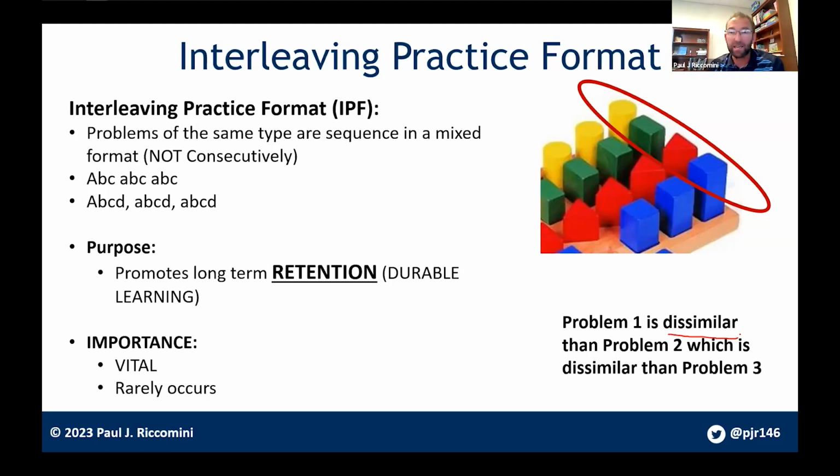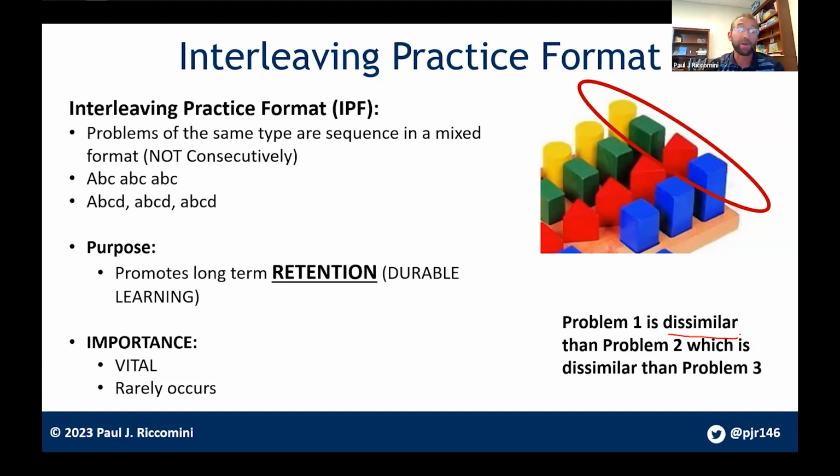I guarantee when you start making an interleaving, or those of you that may have already made one, you start asking yourself, is this problem dissimilar to this problem? And then you're going to ask a colleague and they're going to say, no, it's not dissimilar. You ask another colleague, they're going to say, yeah, it's dissimilar. So I guarantee that's going to be an issue.